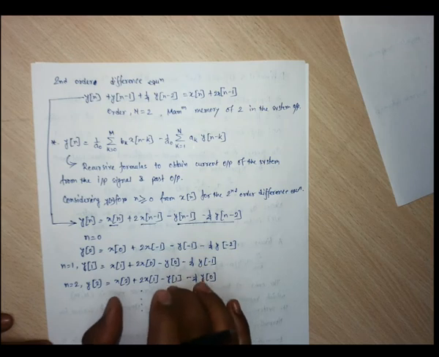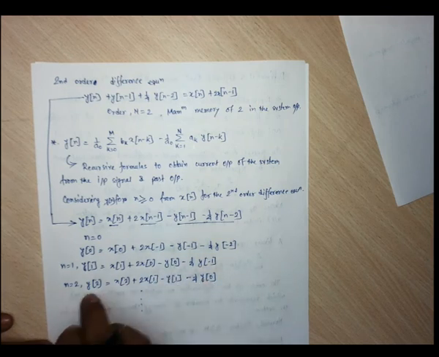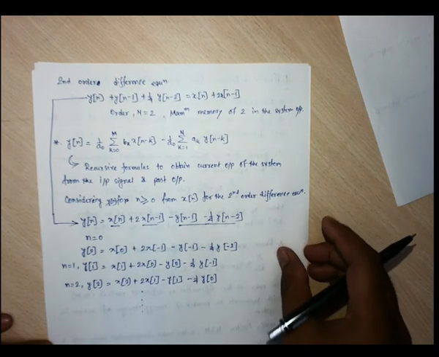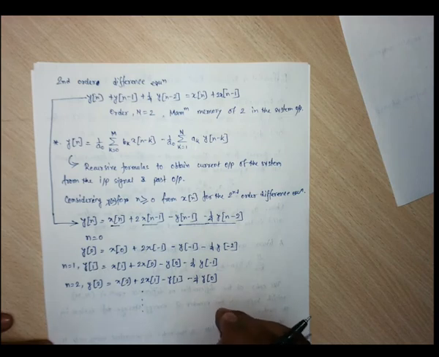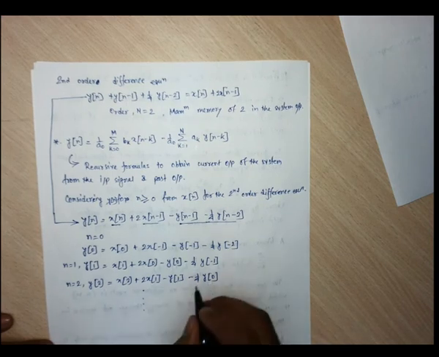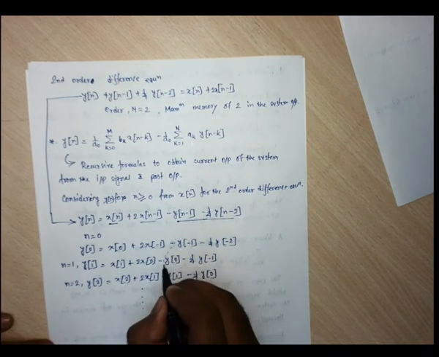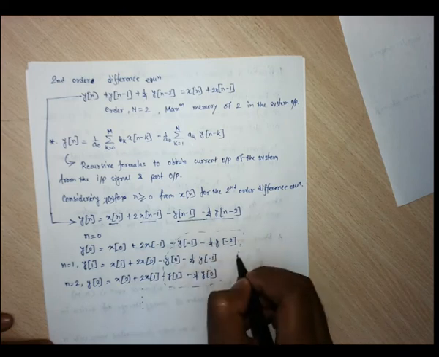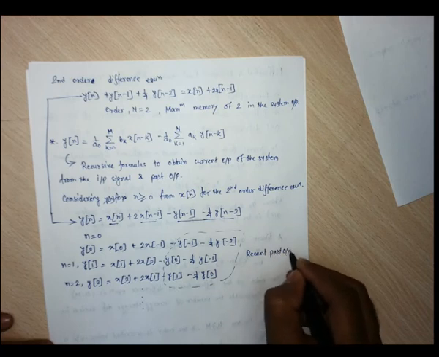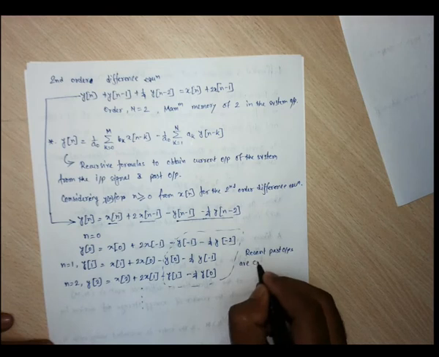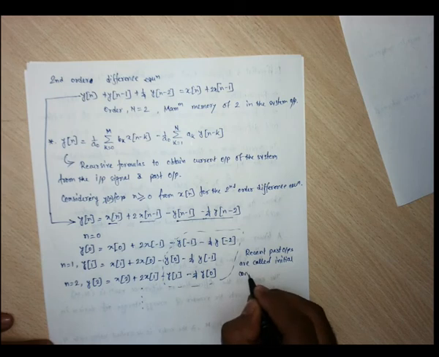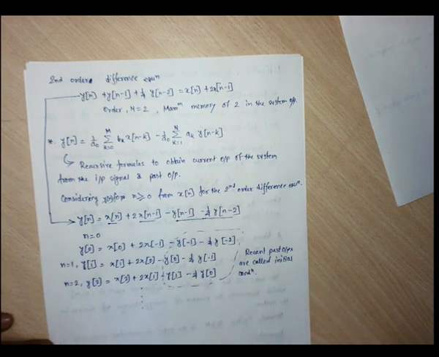So in this type of case, where the present output depends upon recent past outputs, these recent past outputs are known as the initial conditions of the system.